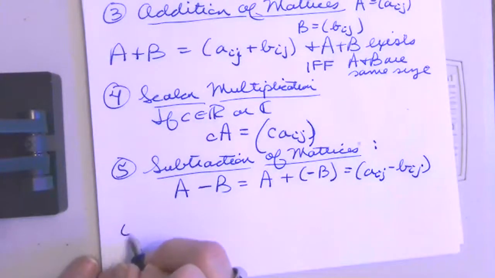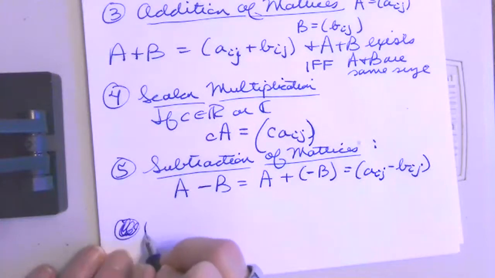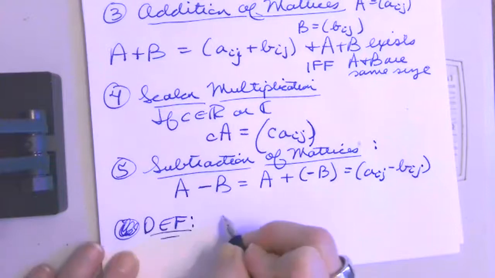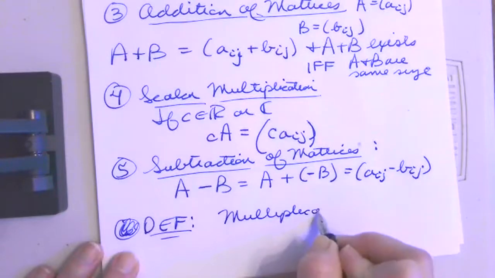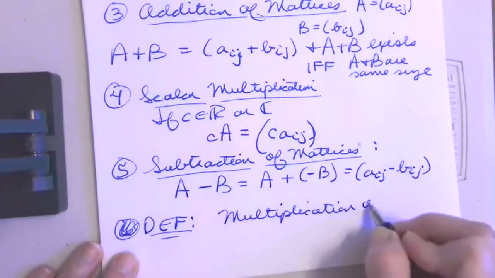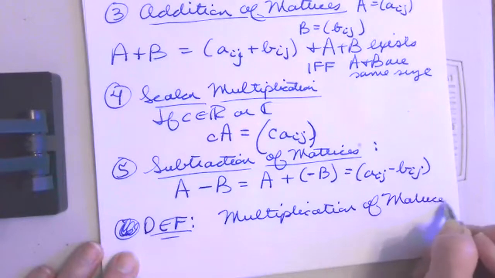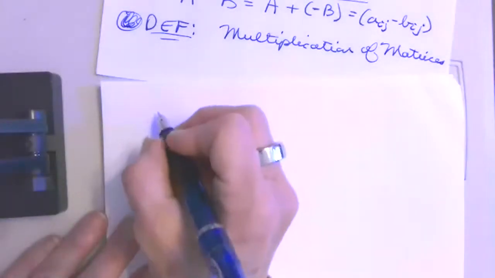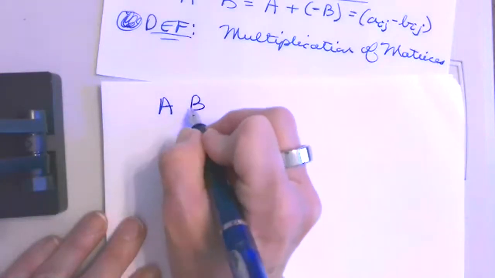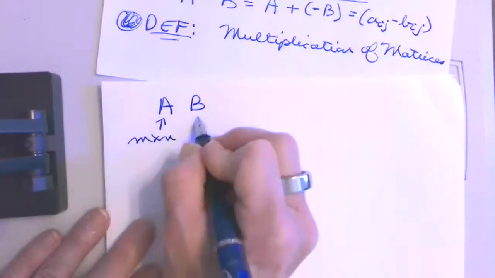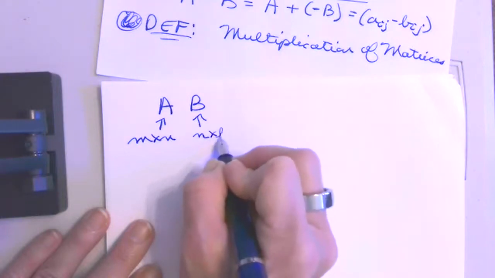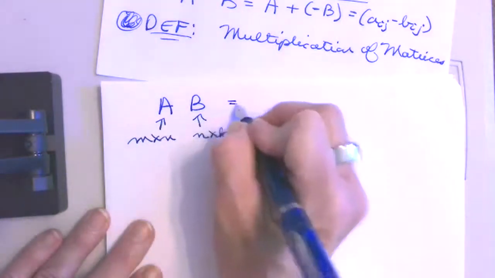Multiplication of matrices. First, we have to define what we mean by multiplication. We can only define multiplication in a particular way. Suppose you want to define A times B. If A is M by N and B is N by K, then multiplication is defined.